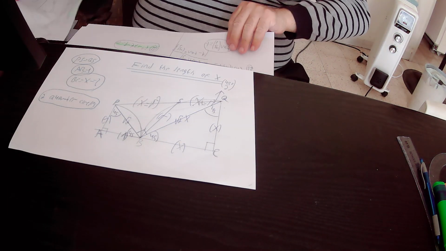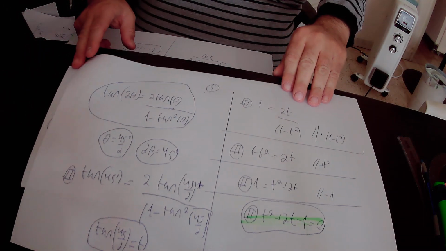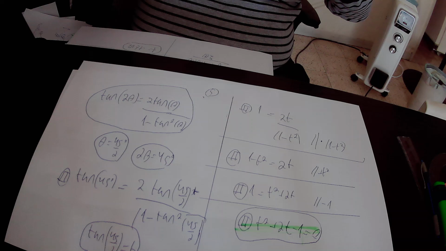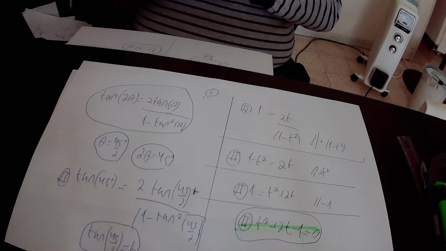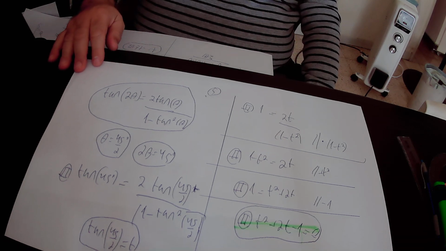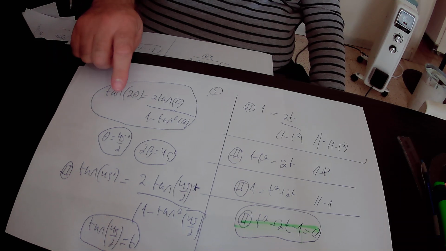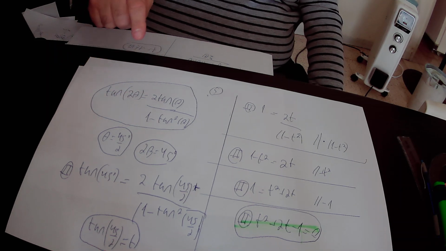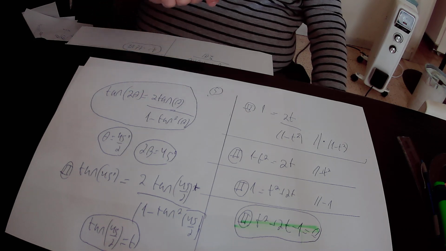While we have the trigonometric identity that states that tangent 2 theta equals 2 tangent theta over 1 minus tangent square theta. Now, we defined angle theta as 45 over 2 degrees. If theta is 45 over 2 degrees, it means that 2 theta is 45 degrees.